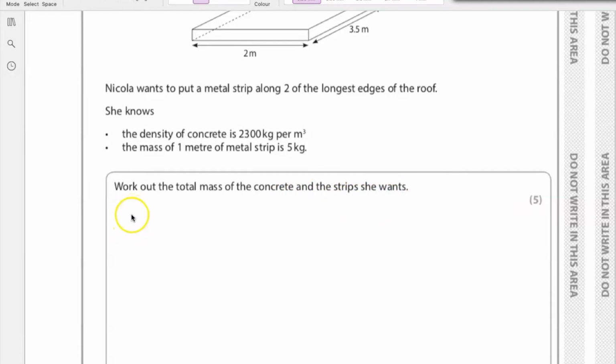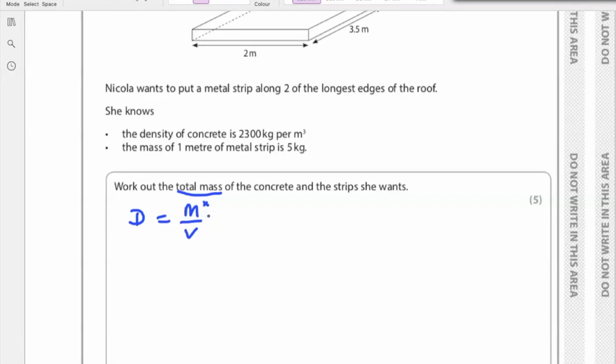We need to find the formula for the total mass. From the formula given, it says density is equal to mass divided by volume. Here is the mass.